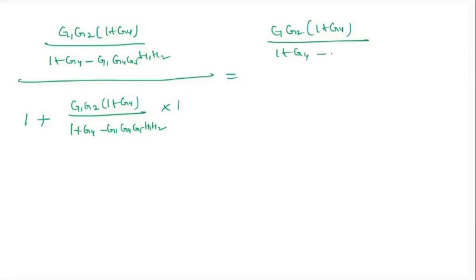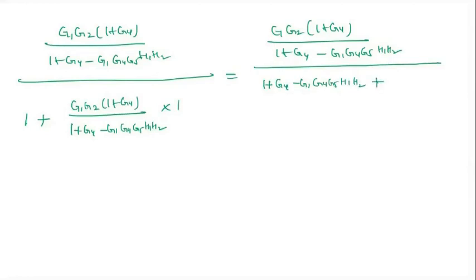The denominator is 1 plus G4 minus G1, G4, G5, H1, H2, plus this term: G1, G2 into 1 plus G4 by 1 plus G4 minus G1, G4, G5, H1, H2. I'm just doing the LCM, I'm not doing anything else, don't confuse.